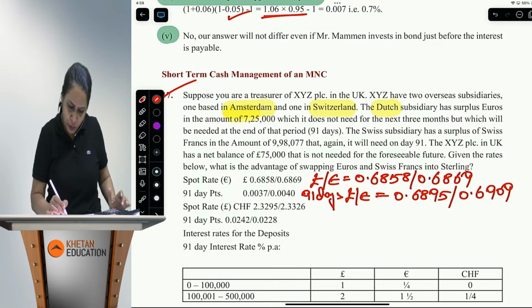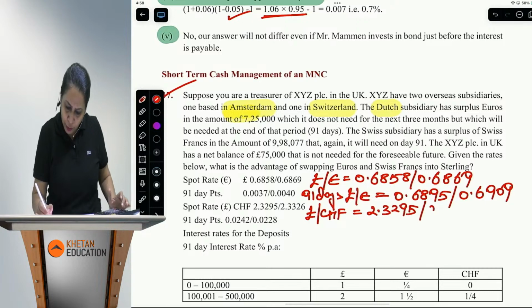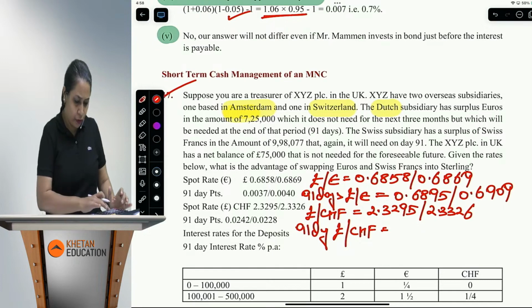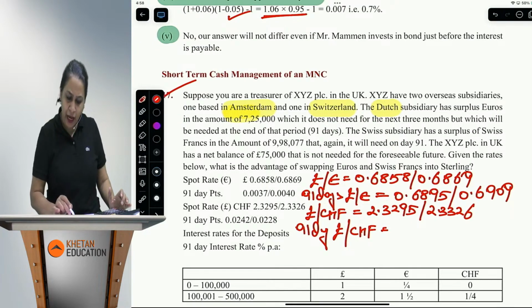So then again you have here spot pound per CHF, I get 2.3295 and 2.3326. Then 91 days pound per CHF will be 2.3295.